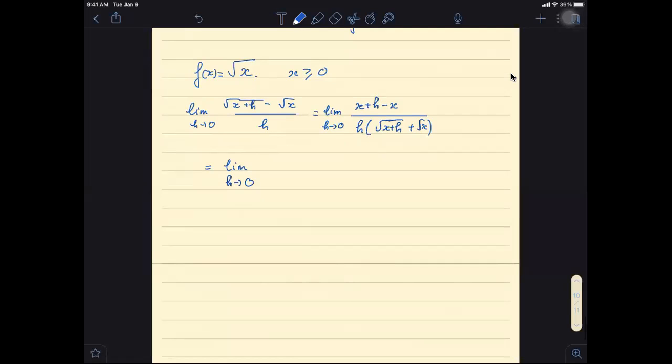Then this one becomes h over square root of x plus h plus square root of x. Yeah, then what next? What do you have now? What do you think?